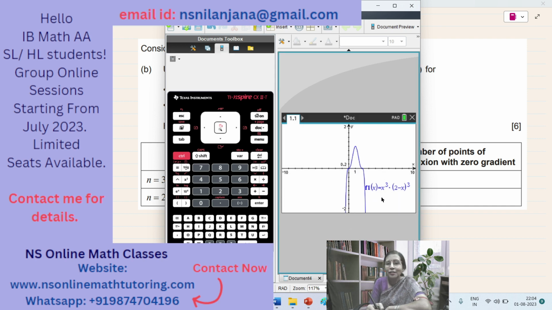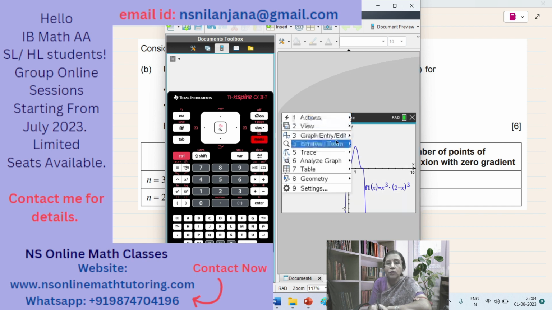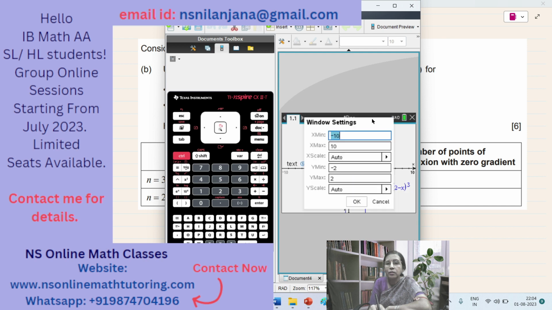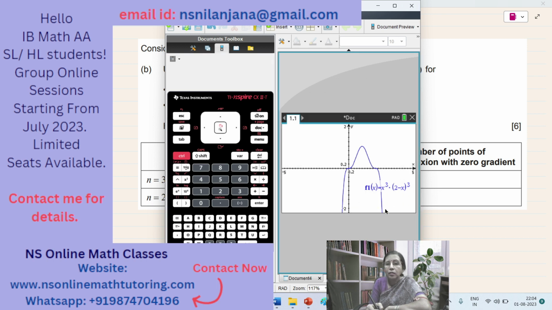Better. Also, I can just take the x-axis not from -10 to +10. I can take it from -3 to +3 or -5 to +5 as well. Okay, let me take it as -5 to +5. Better, definitely better. Okay, fine.